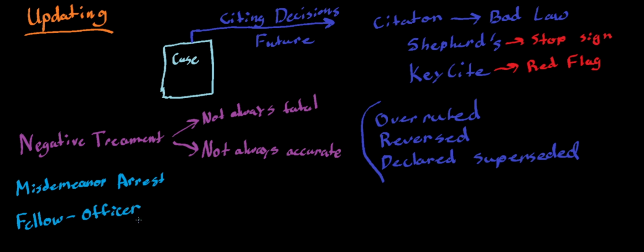And this rule states that an officer can arrest someone even if they don't have probable cause to arrest, so long as some other officer does have probable cause and relays that information to them. So if one officer has probable cause, he can ask another officer to make an arrest, and that will be a lawful arrest so long as the first officer has probable cause.